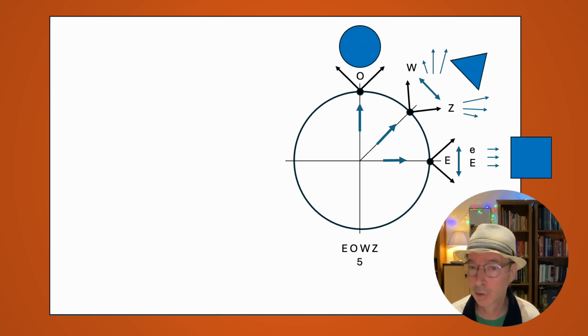And the easiest way to get these shapes is with the O, with round forms, with the W with triangles, and with the E or A with squares.